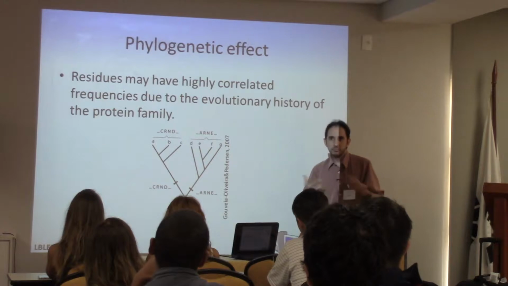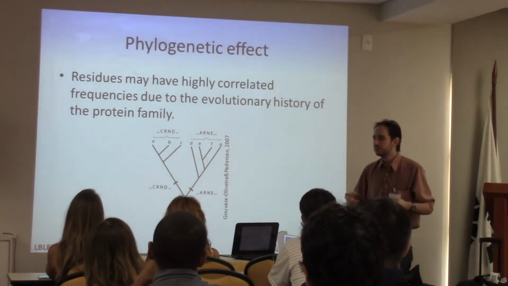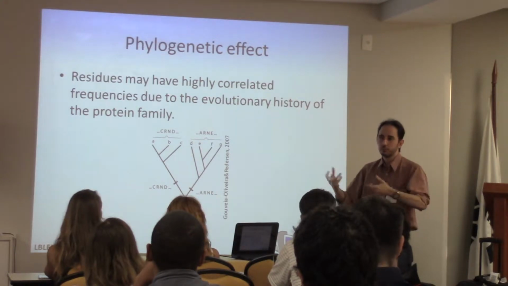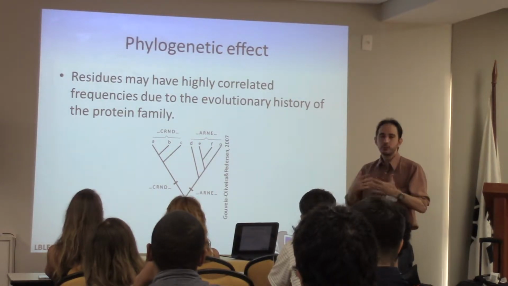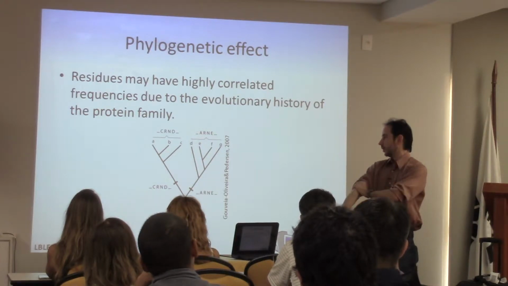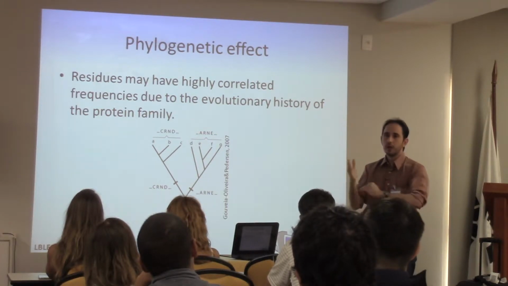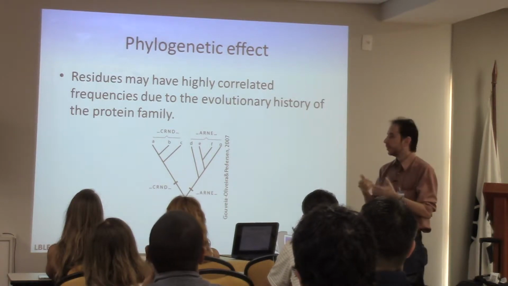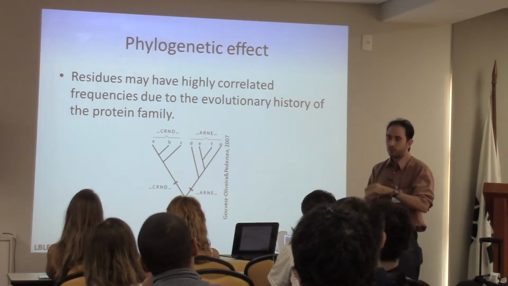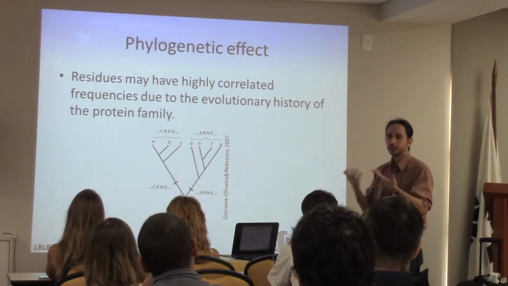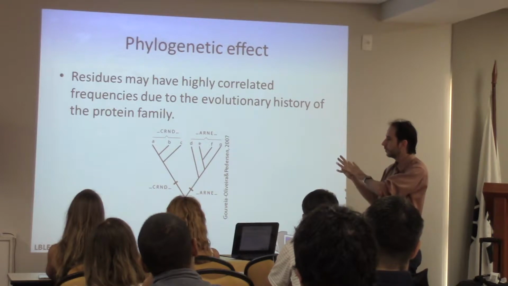So it may be not because there's some functional importance of having those residues simultaneously, or because they are in contact, but simply a result of the evolutionary history of the protein family, and most importantly, how the sequences that we obtain were treated, for example, redundancy and things like that.